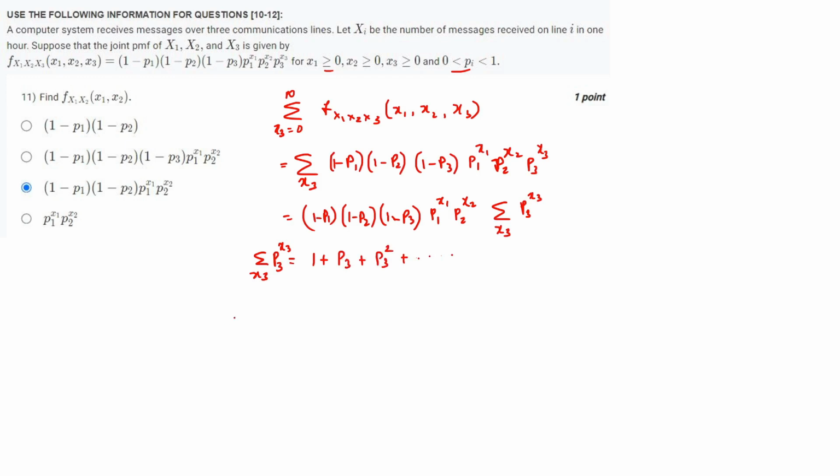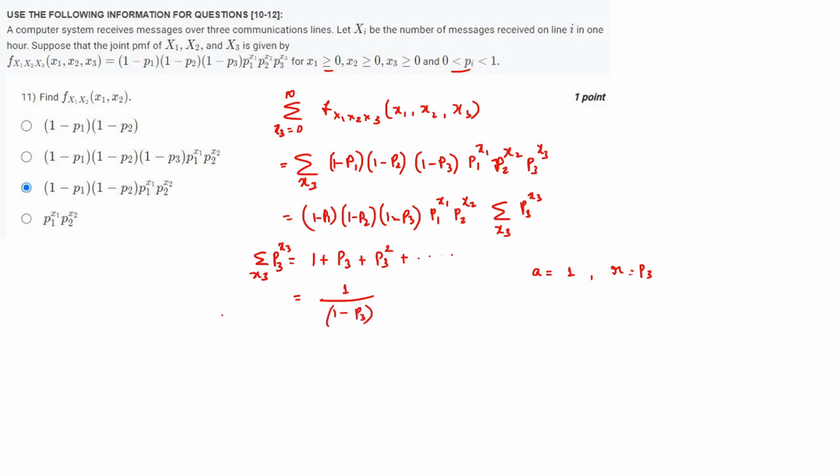And now what is the sum of this? This is a geometric progression where the first term is 1 and the geometric ratio is p3, so the sum is given by first term divided by 1 minus r, that is 1 minus p3.